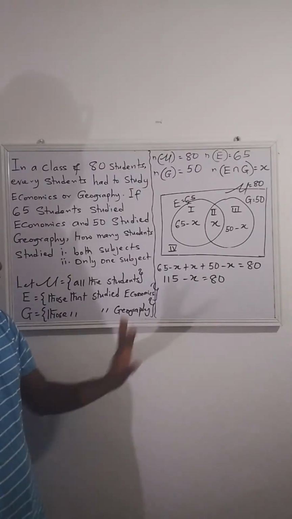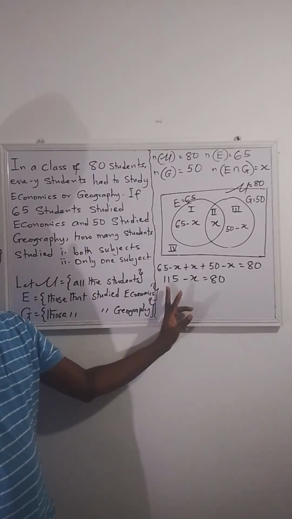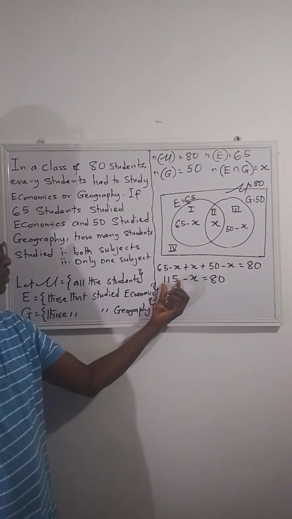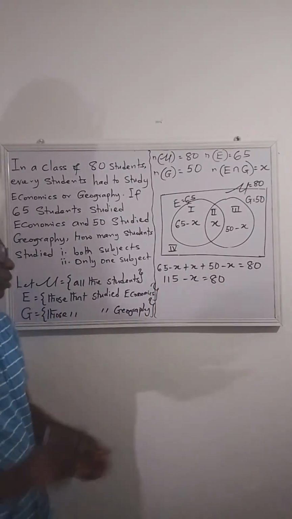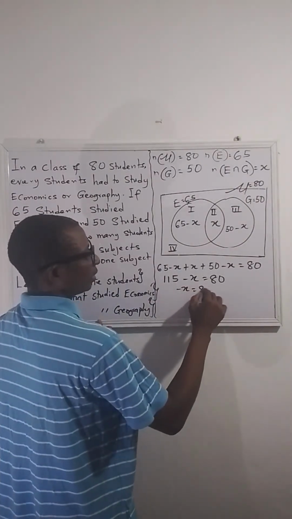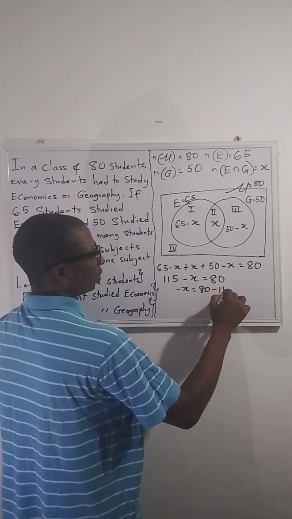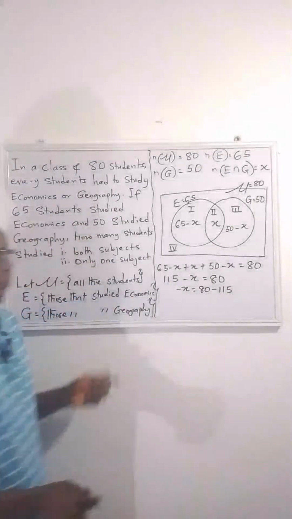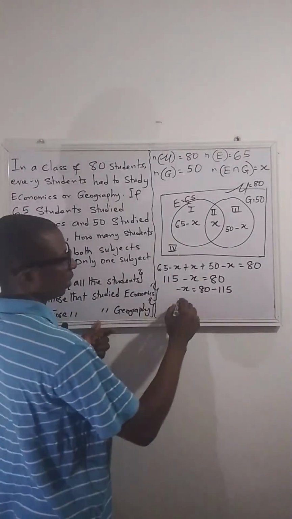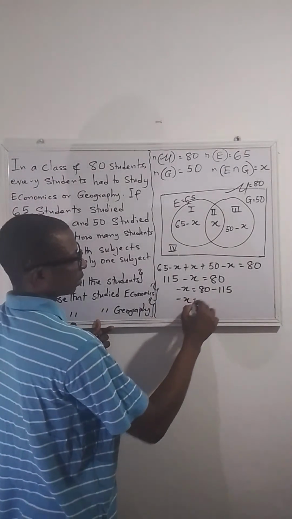All right. So the next thing now is to collect the like terms. You move 115 to this side. So you have minus x equals 80 minus 115. Now the next thing is to subtract.